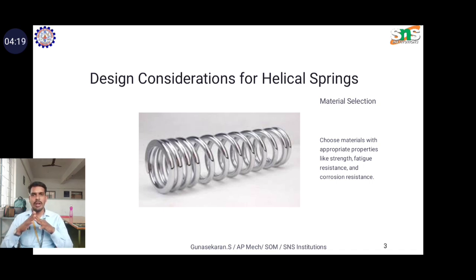Surface finishing: a smooth surface reduces stress concentrations and potential failure points. Proper stress relieving treatment can enhance fatigue life.